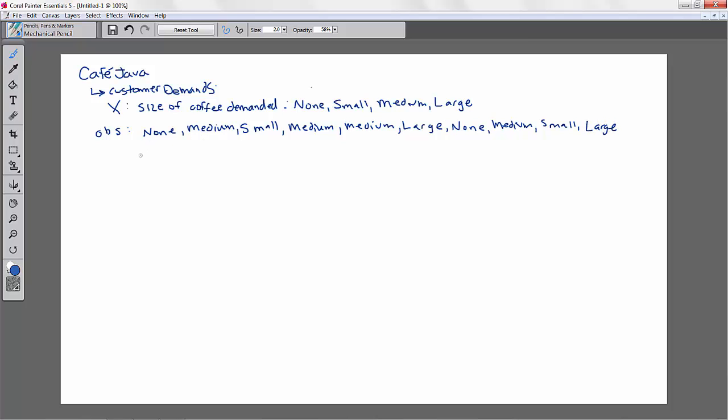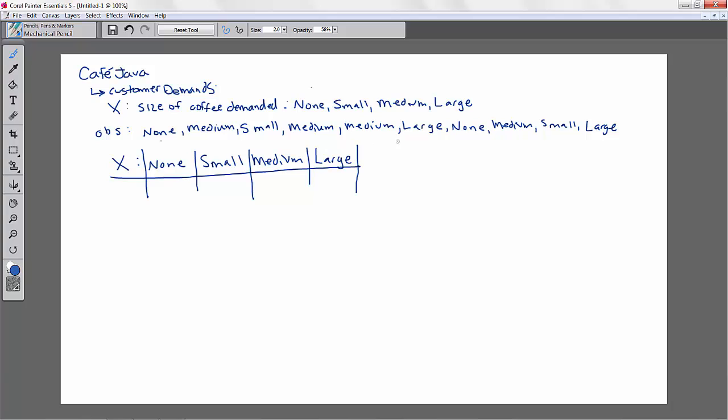Now, if we count up the frequencies of each of these, we can look at all 4 different values of x: none, small, medium, and large.